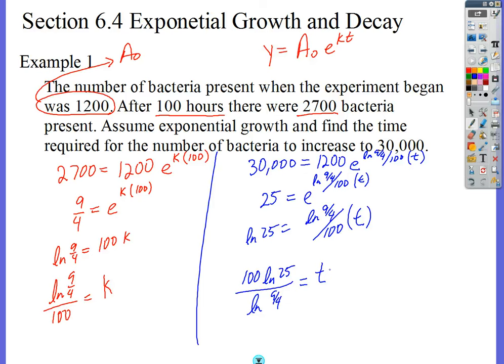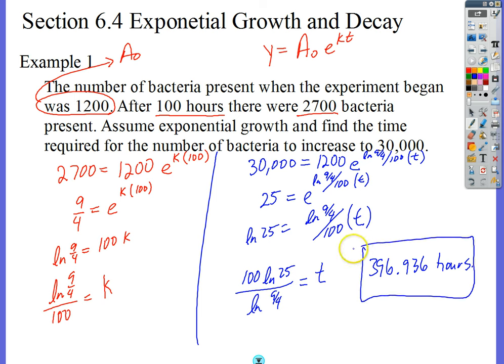Okay? And when you get your calculator out, it will tell you that the answer is 396.936 hours. There's my time to get to 30,000 bacteria. And you have to ask yourself, does that make sense?